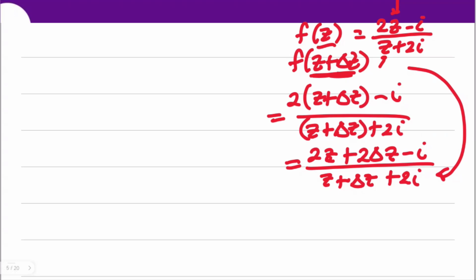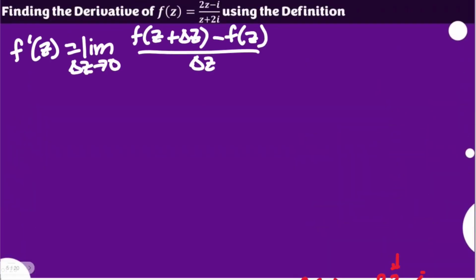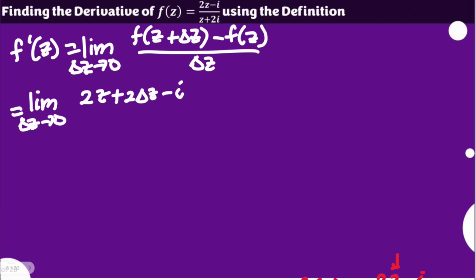Using that now, returning here, as we start finding the derivative, let me start here with this notation because I need to come up with a nested rational expression here. This form is already identified here. And that's actually twice z plus twice delta z minus i, if I'm correct. Yes. All over z plus delta z plus 2i.